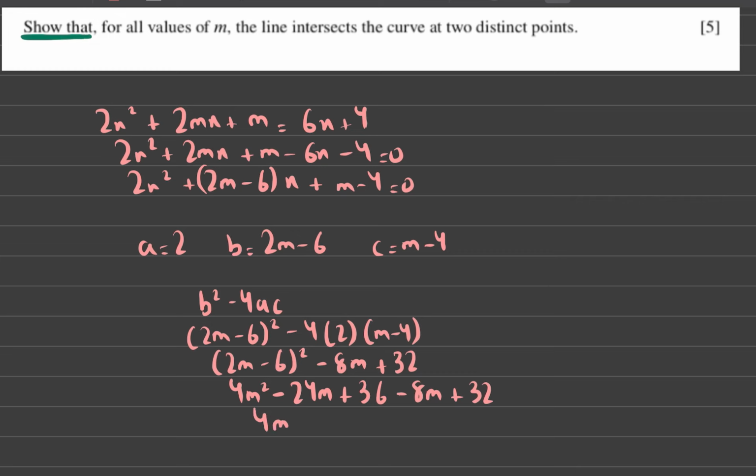So it's going to be 4m square minus 24 minus 8m makes what? Minus 32m plus 36 plus 32 makes what? 68. Do you get this?